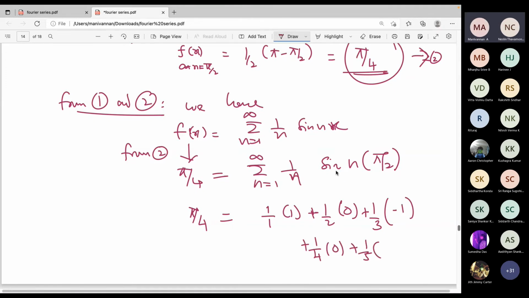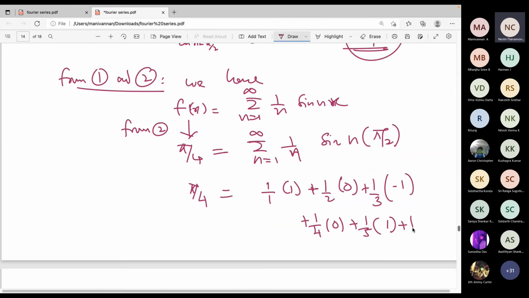Sine 5 pi by 2 is 1. When n is even, sine 6 pi by 2 is sine 3 pi. Here it is sine pi, 4 pi by 2 means 2 pi, 6 pi by 2 means 3 pi. That's why it is 0, this 1 by n. And it keeps on going.